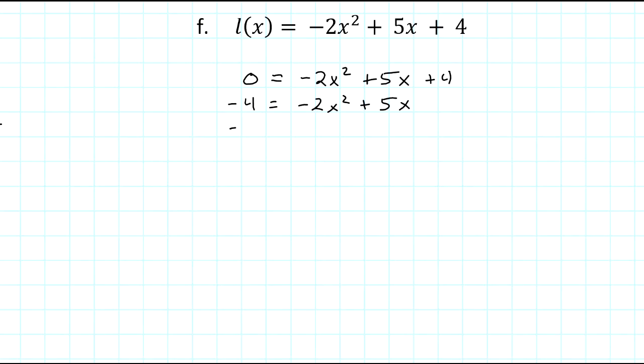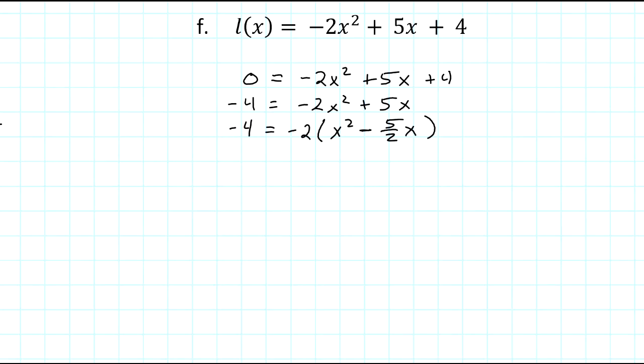So if I write negative 4 equals, and we're factoring out a negative 2 on the right, so we write negative 2, open parentheses, x squared, and if I factor a negative 2 from a 5, that's going to be a minus 5 halves, and then we still have the x that's coming down there. And we're just kind of double checking. Negative 2 times that negative 5 halves will become a positive 5.